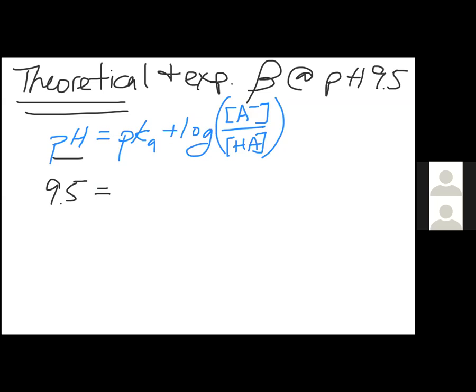The functional group that is relevant at this pH is the amino group. That one has a pKa in the lab manual at 20 degrees Celsius for the Z charge of 0 of 9.33, plus the log of the concentration of the conjugate base over the concentration of the acid species.